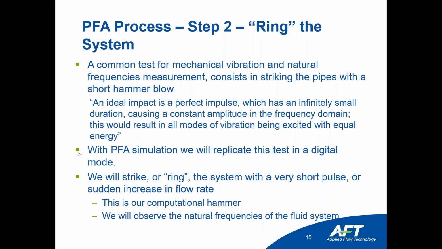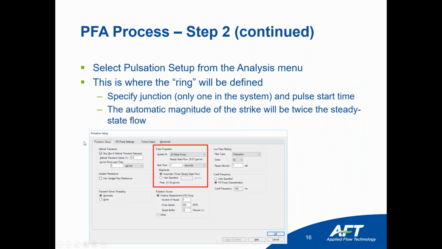So you cannot hit it too hard. It has to be an ideal impact. An ideal impact is a perfect impulse which has an infinitely small duration, causing a constant amplitude in the frequency domain. This will result in all the modes of vibration being excited with equal energy.